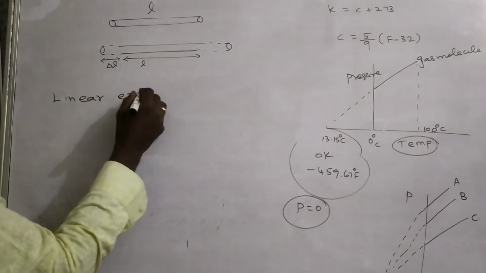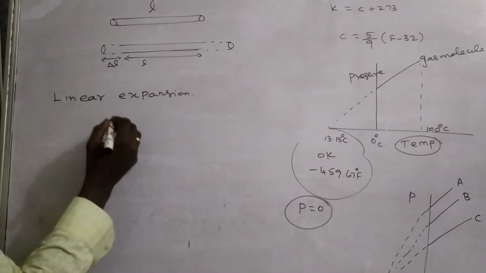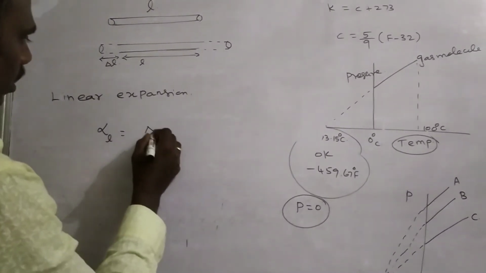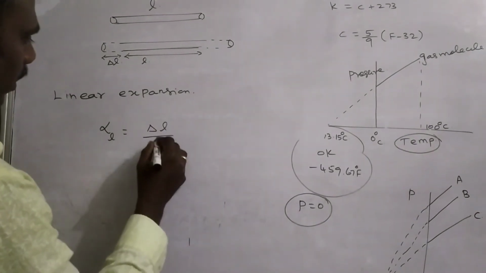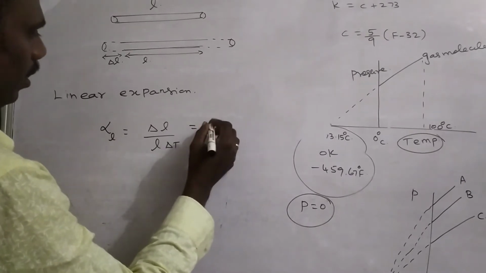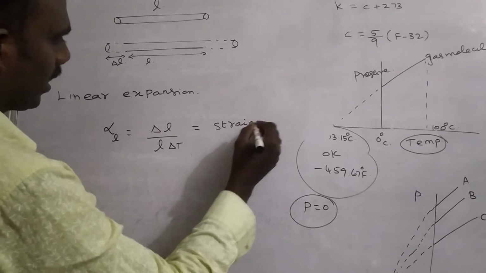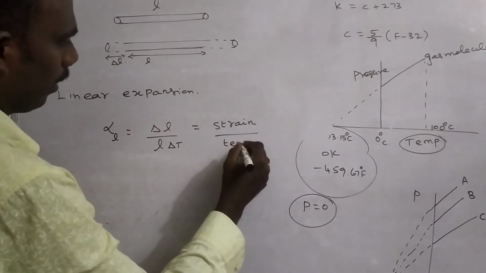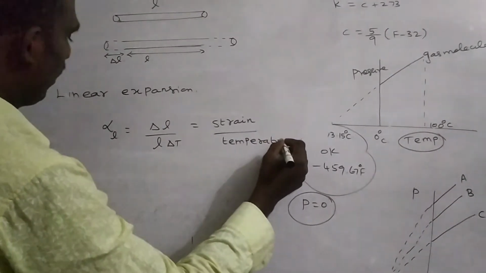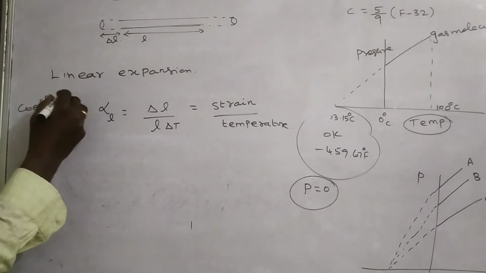This is represented as linear expansion. Alpha L is equal to delta L divided by L times delta T. It means change in length divided by original length, which is the strain, divided by temperature change, where alpha L represents the coefficient of linear expansion.